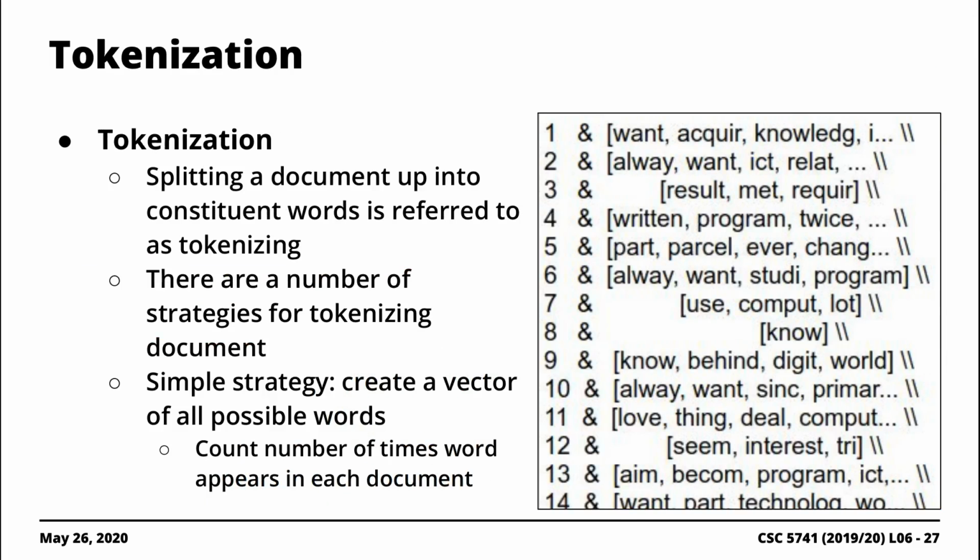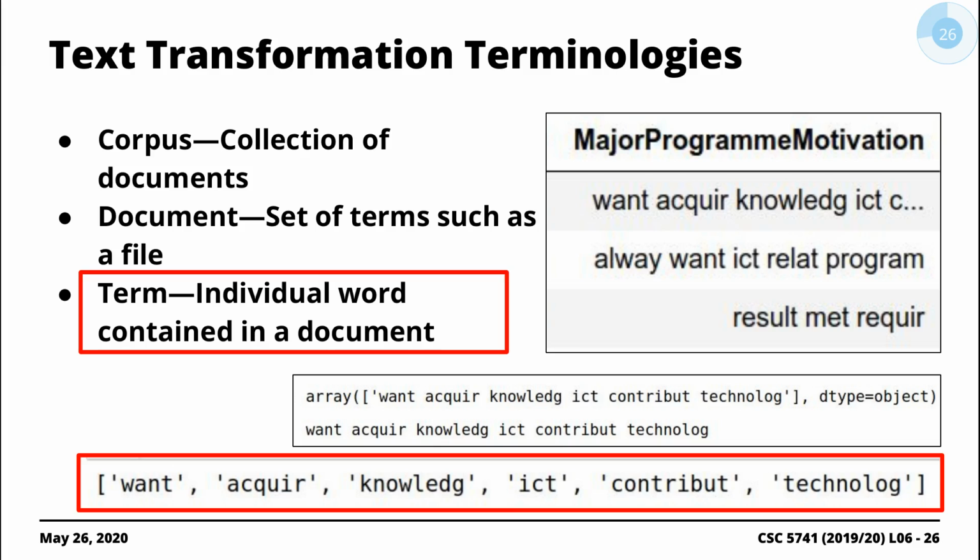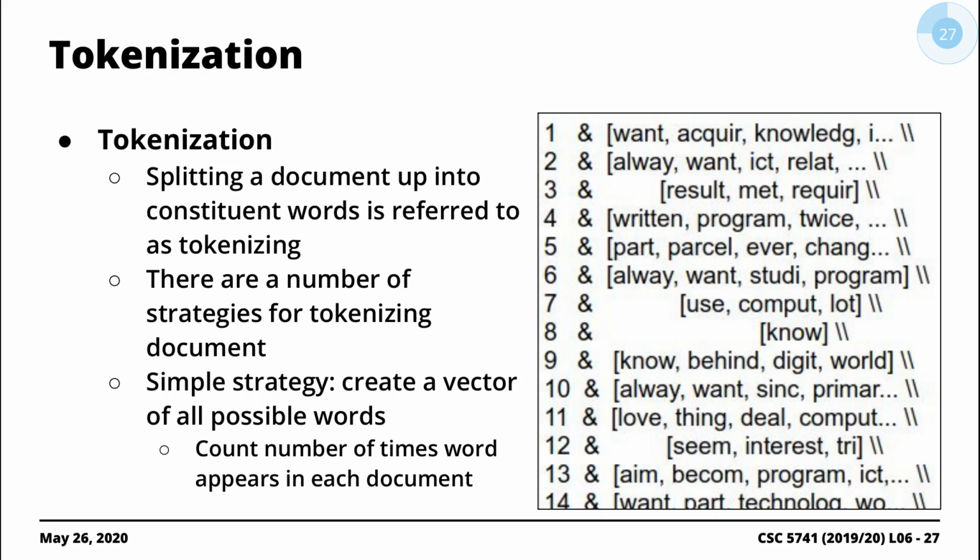All right, so the starting point whenever you want to transform text into numeric form is you need to tokenize the corpus. The tokenization process involves splitting up each document into its constituent words or terms.